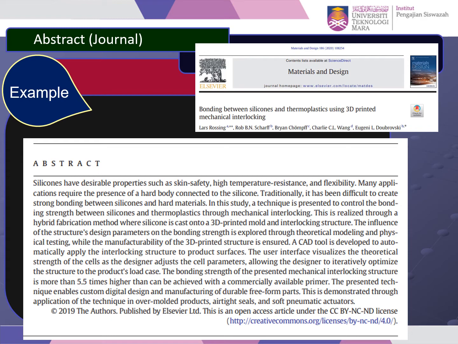So why don't we have a look for a while at the content of the abstract. Just look at the first line, then the second sentence, then the third sentence, and so on and so forth. Just look at the structure of that journal.